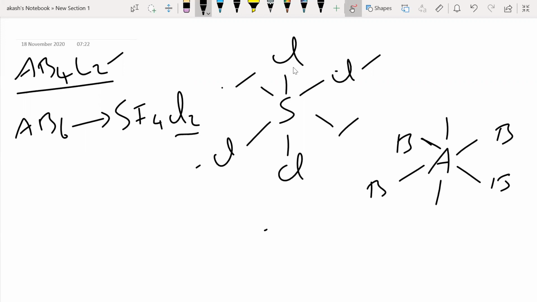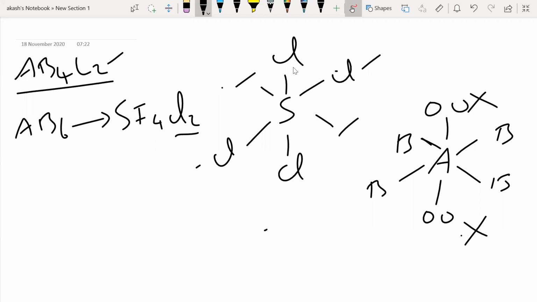Now I have 2 lone pairs to consider, and just like how you put dissimilar atoms in the opposite corners of the octahedron, you put the lone pairs in the opposite corners of the octahedron. This is your geometry, right? Okay, now if I want to consider the shape, again the same thing, just forget that this lone pair and this lone pair exist.